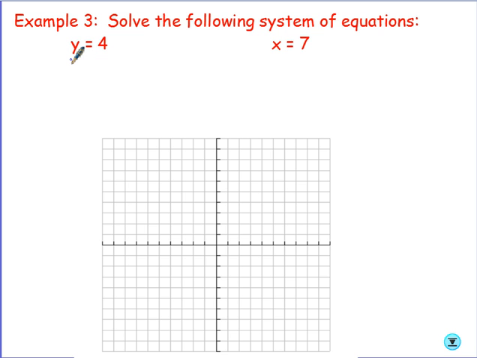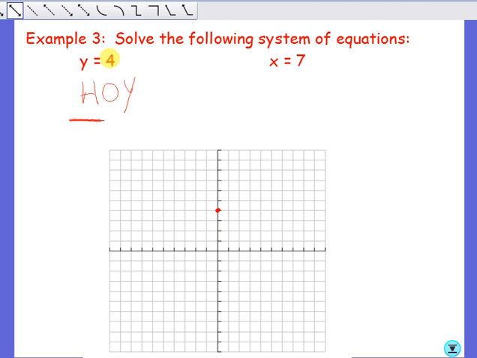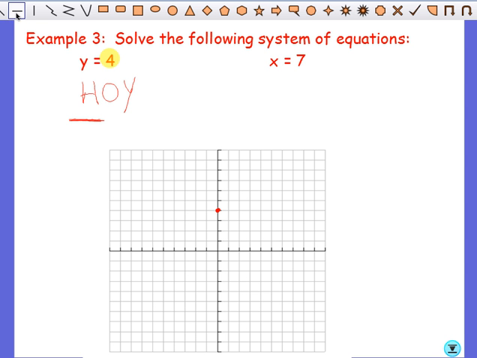When y is the only letter, this is a Hoy problem, which means we have a horizontal line. So I'm going to go 4 on the y-axis, 1, 2, 3, 4, and I am going to draw a nice horizontal line.